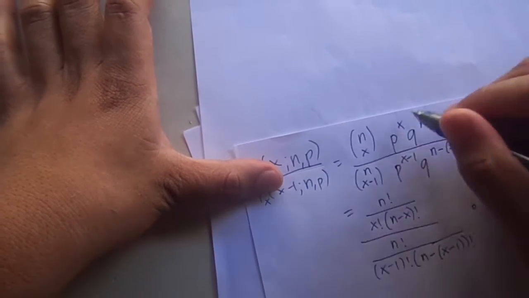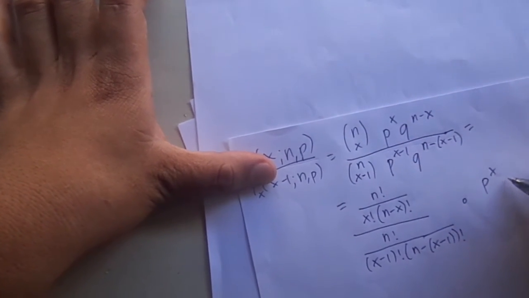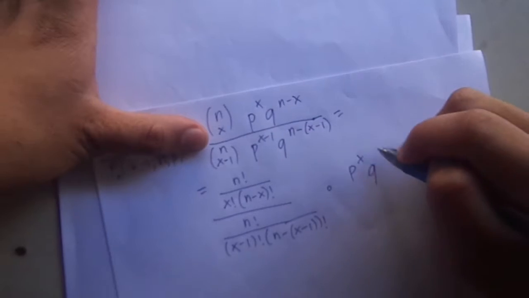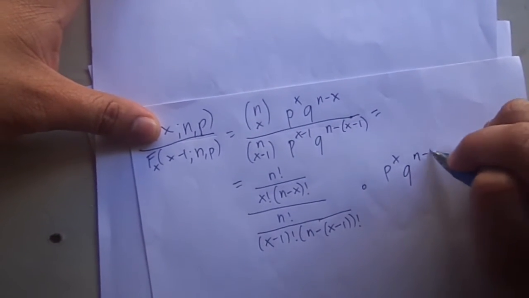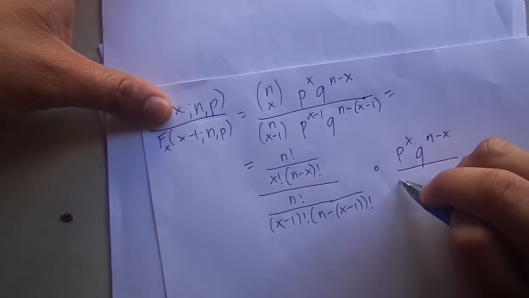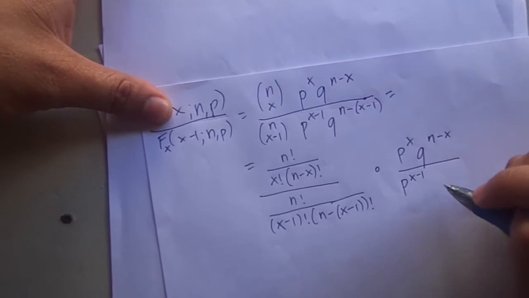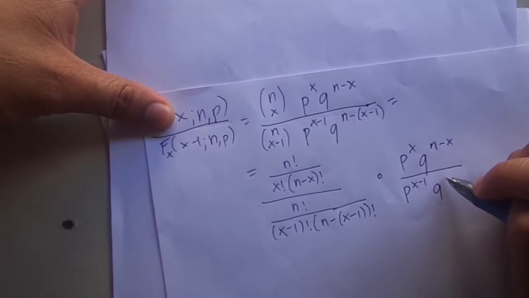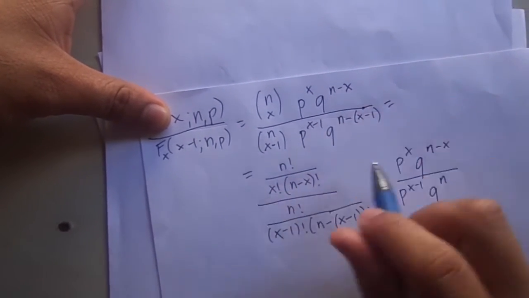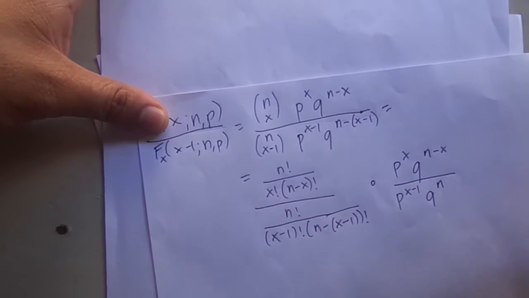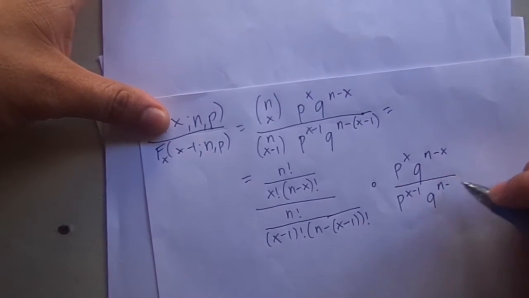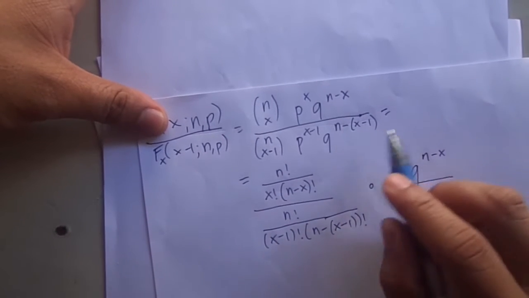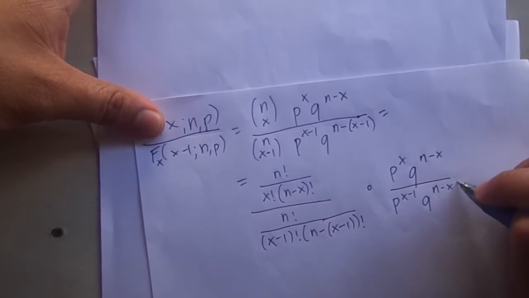So copy p to the x times q to the power of n minus x over p to the x minus 1 times q to the power of n, distribute: negative times positive x is equal to negative x, negative times negative 1 is equal to positive 1.